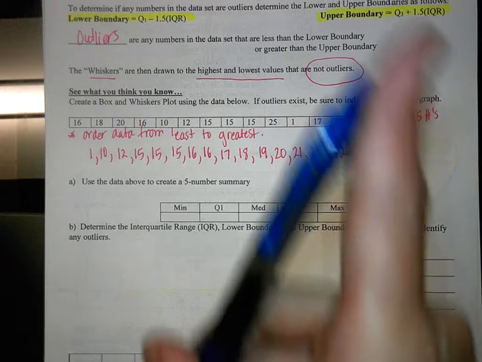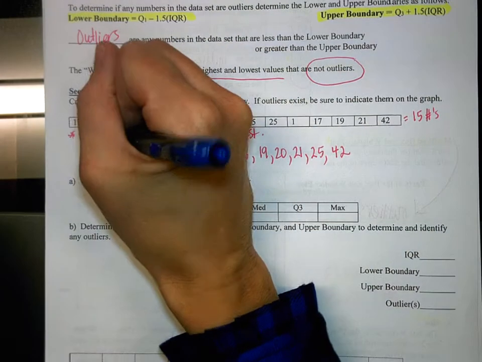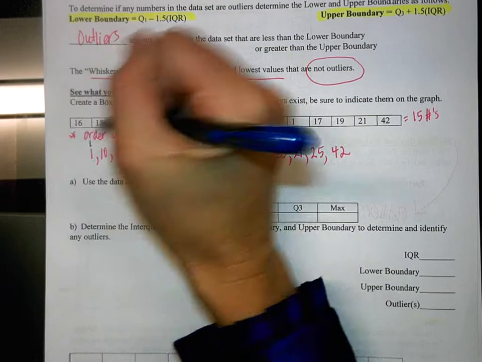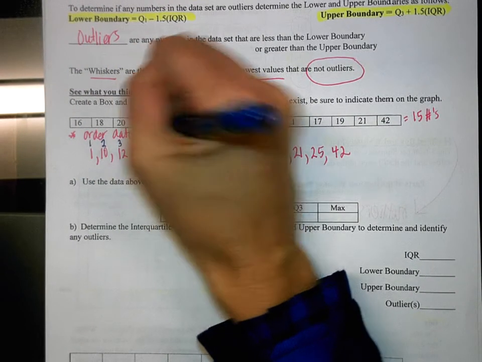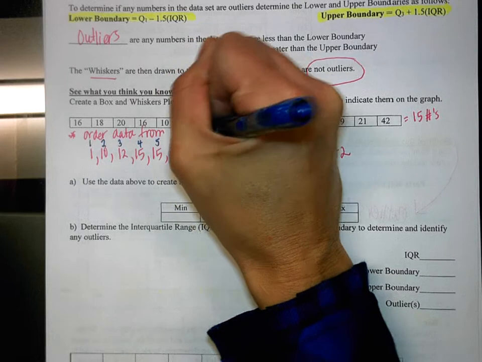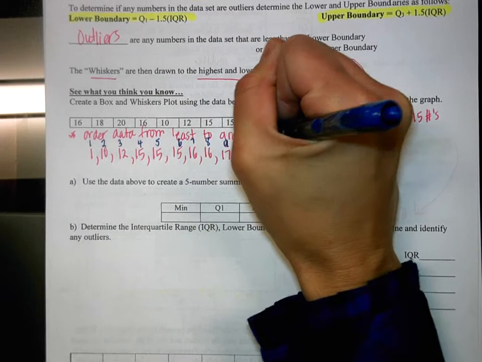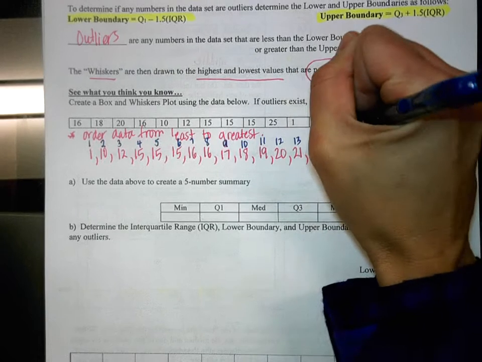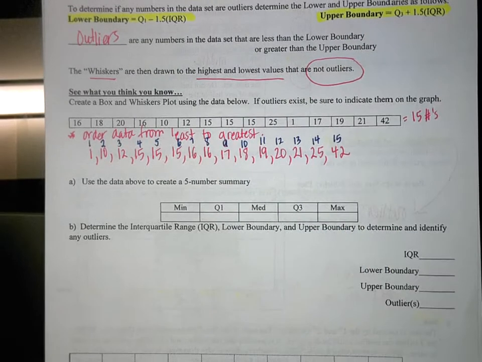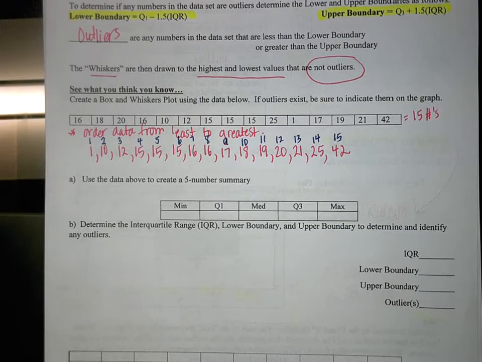So I'm going to use a different color so it's easy to see the difference, and I'm just going to number this. I should end up numbering up to 15. Okay?